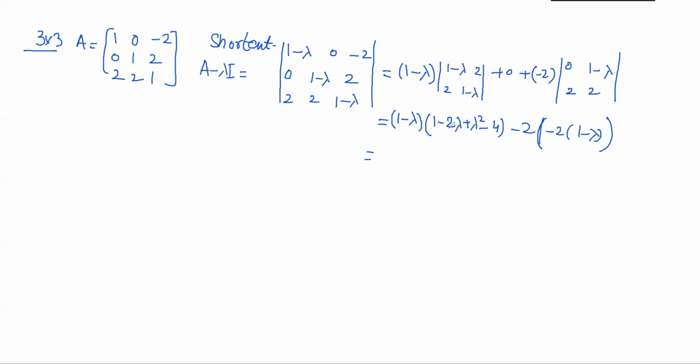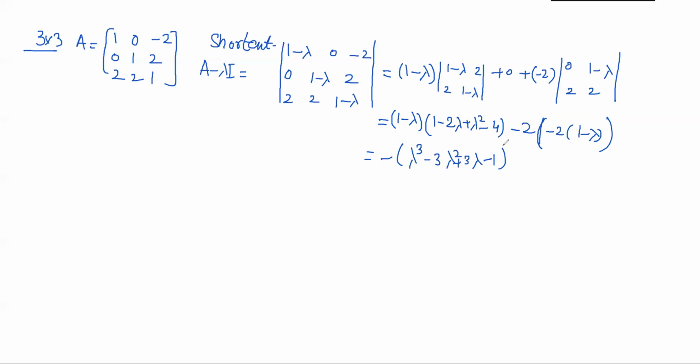So if we simplify it, after simplification, I will not do this algebra here, but it's very easy, we will get minus lambda cube minus 3 lambda square plus 3 lambda minus 1 equal to 0.